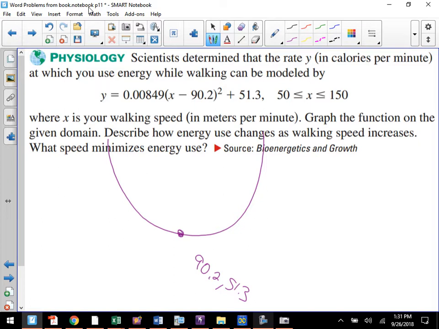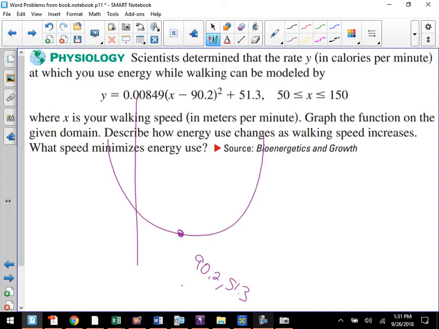From there, the problem was just asking you, what is this doing between x values of 50 and 150? Well, if your x value for your vertex is at 90.2, where's 50 in relationship to that? Left or right? Left. Well, about here-ish.